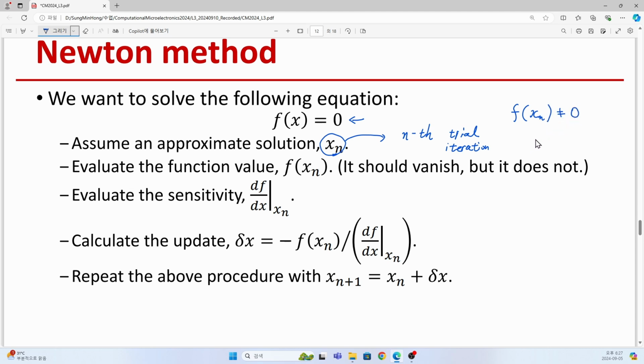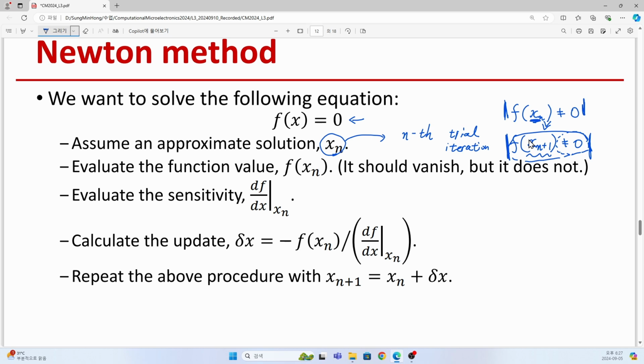So in this case, how can we build a better solution x sub n plus 1, which still doesn't have exact matching, but whose function evaluation is much smaller than that of our previous solution?